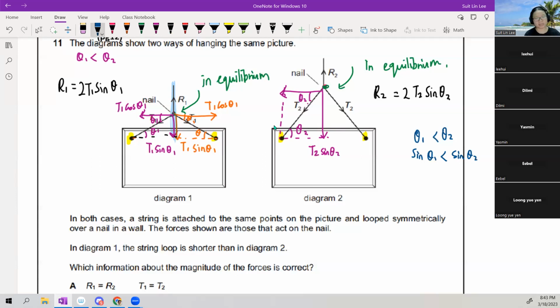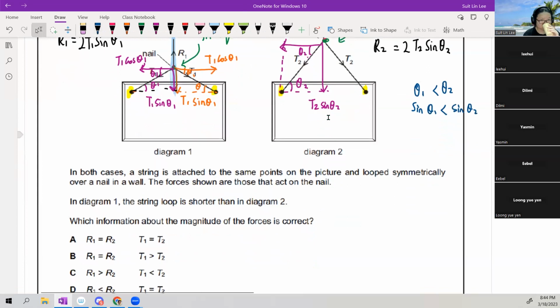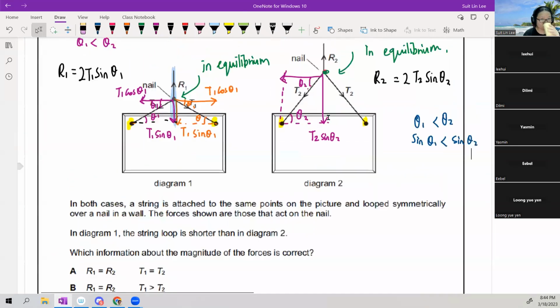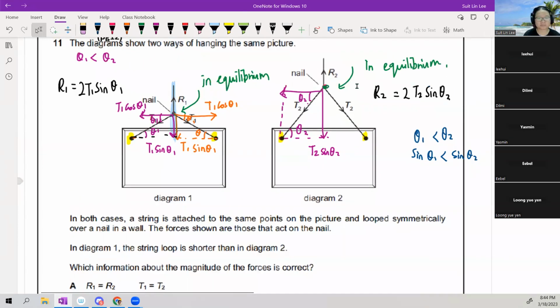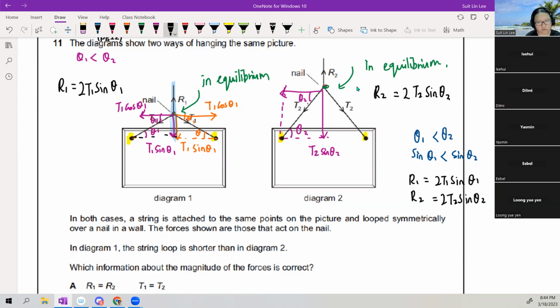Okay, the bigger the angle, the bigger the sine of the angle. So right now, for equilibrium purpose, I have these two equations. R1 is 2T1 sine theta 1. And R2 is 2T2 sine theta 2.